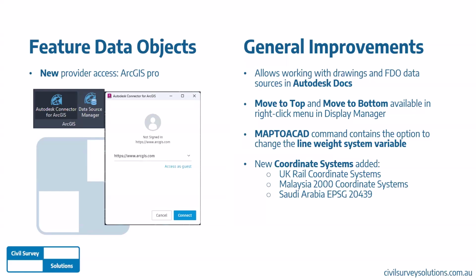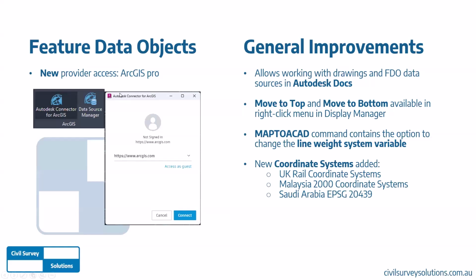There's a couple of additional general improvements. So you can now also use feature object data that is stored on Autodesk Docs. There's been some improvements in the display manager to make it easier to reorder your layers.